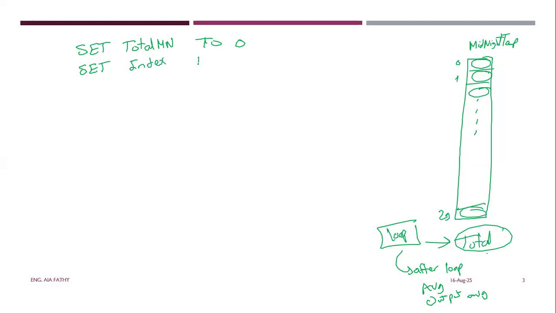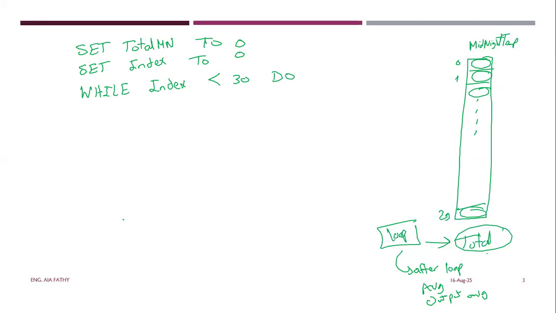You can use any variable, but you have to use a meaningful variable. Now we will use the loop to start calculating the total at first. So we will use a while loop, while index less than 30.